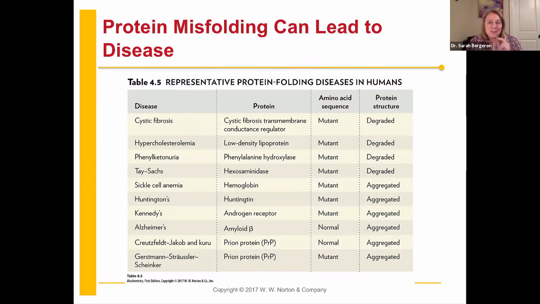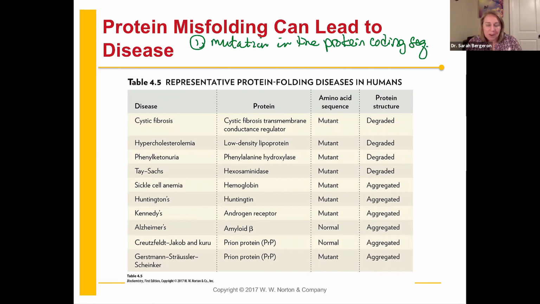So there are 2 different basic categories of what happens in folding diseases, right? And so they can be due to 1 of 2 things. They can be due to a mutation in the protein coding sequence, right? And that's in the gene, right?